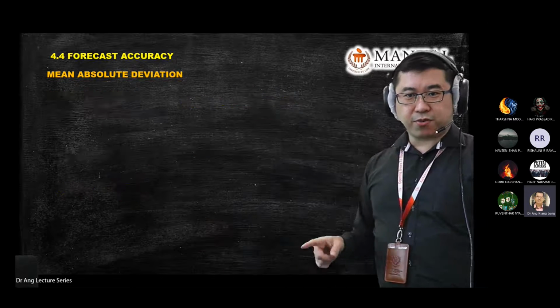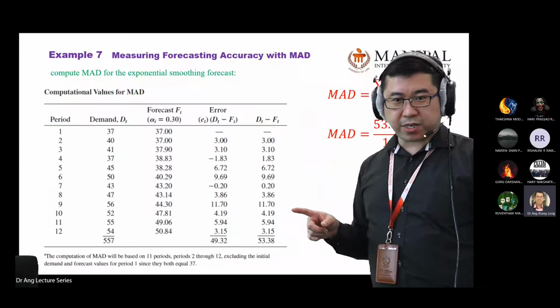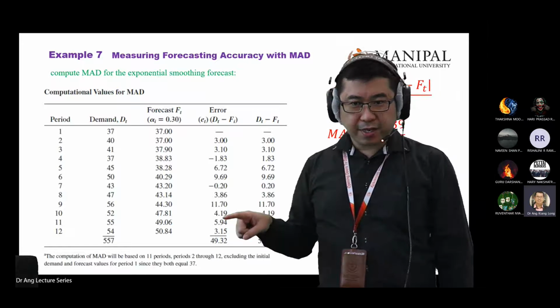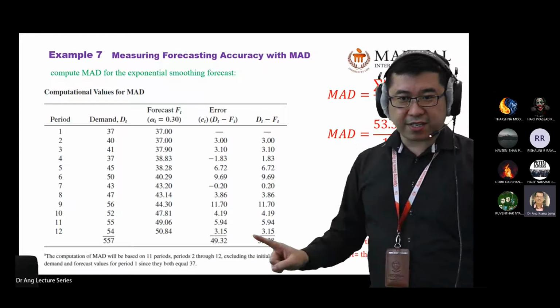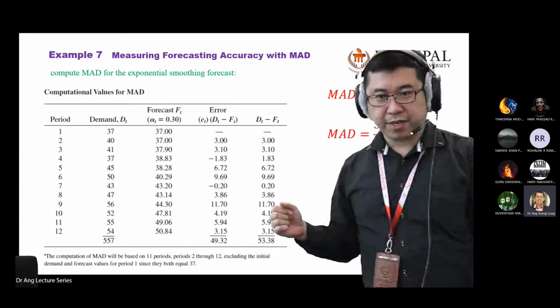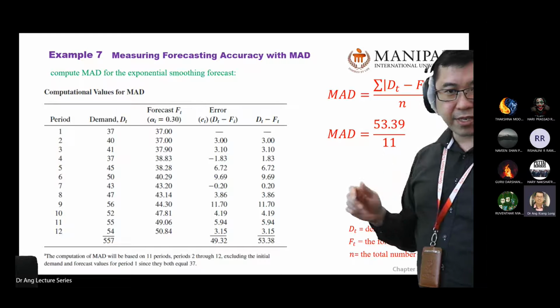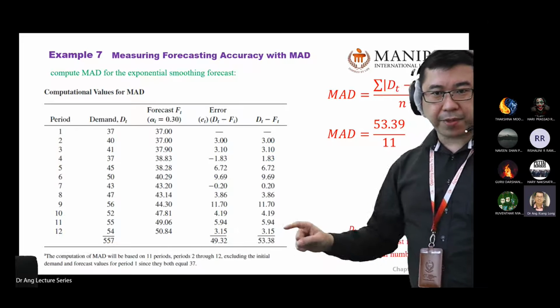Okay, I'll roll back a little bit. I project the big table. Here, MAD takes these numbers divided by the total period you have, which here is 11, because there are only 11 numbers here.